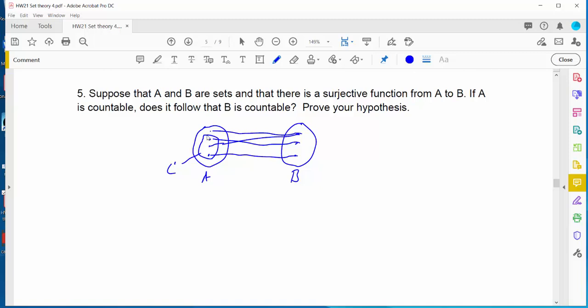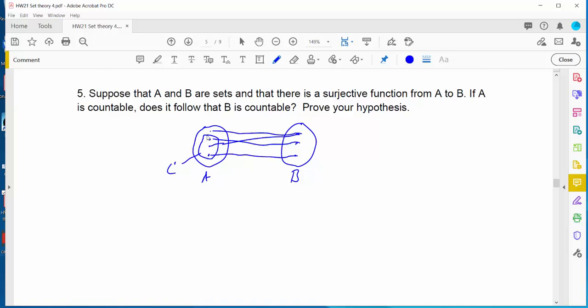Now we're looking at finite sets here, and of course when we make the subset of A, C, it's clear that in finite terms, C has a smaller cardinality than A.